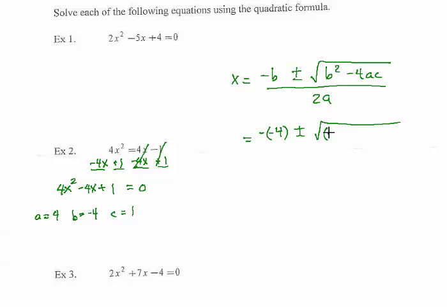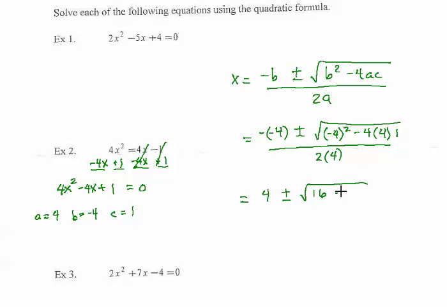We have a b squared inside, so that would be a negative 4 squared minus 4 times a, which is a positive 4, times c, which is a positive 1. On the bottom, we have a 2a, and so we write 2 times 4. Minus minus 4 is a plus 4.